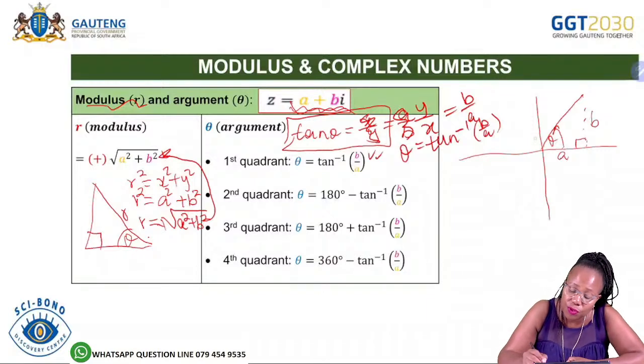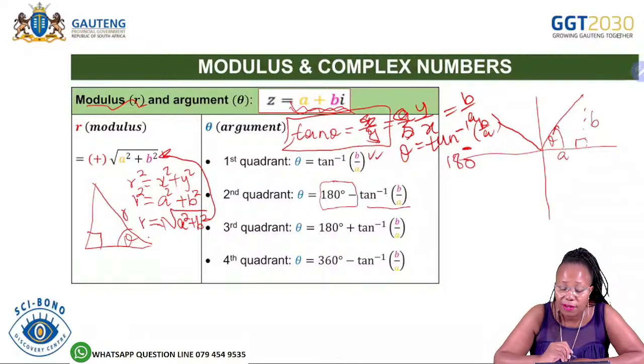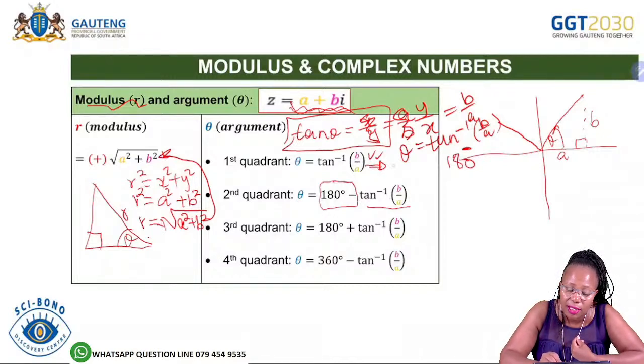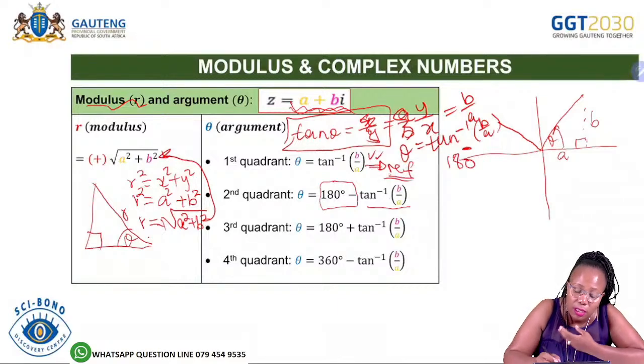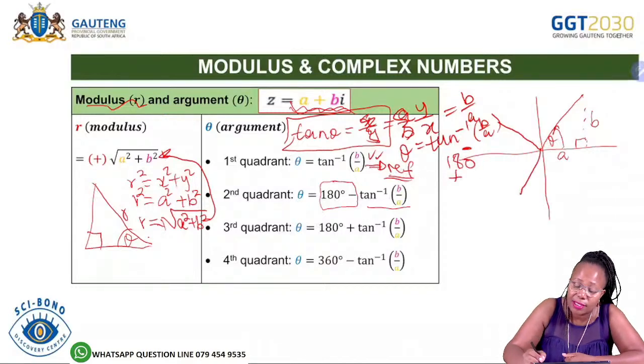But if this moves to quadrant 2, you know, grade 12, this is greater than 90. There is no way we can have the same answer as that one. So in quadrant 2, we have the reduction 180 minus your reference angle, which is the one that you calculated. The angle here, in other quadrants, serves as your reference. In quadrant 3, we have the reduction 180 plus the reference angle. If theta moves to the second quadrant it's here; if it moves to the third quadrant it will be there.